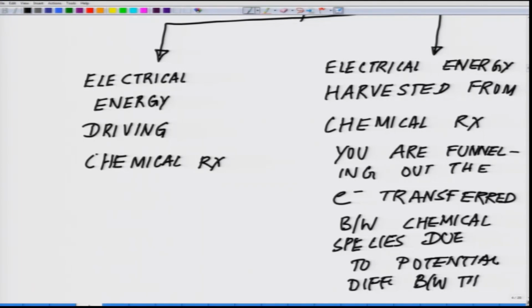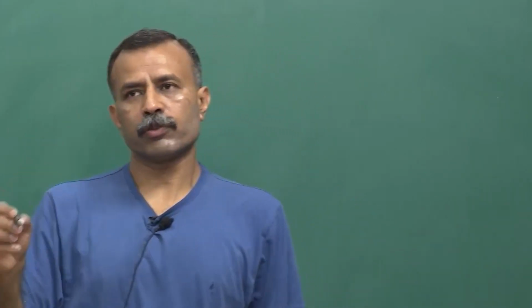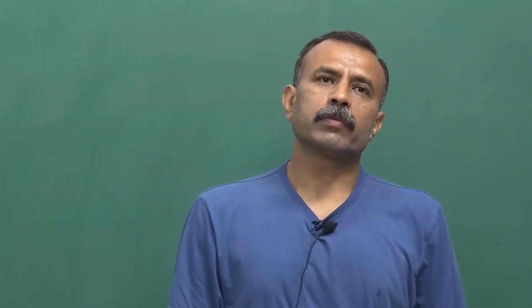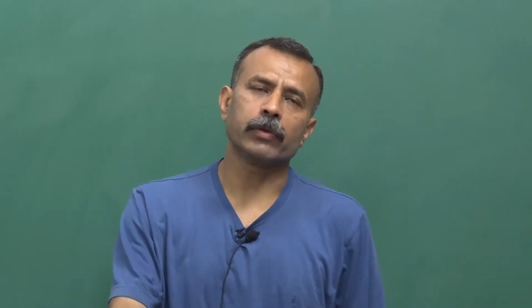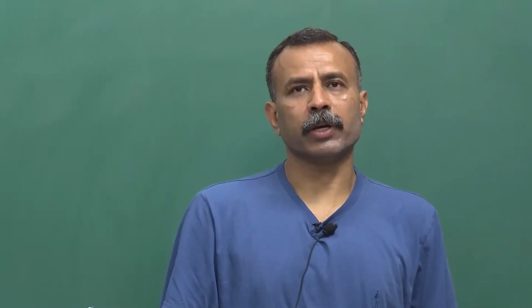between them. If you remember, in the last class we talked about why an electron should flow from a species A to species B, or point A to point B. The flow takes place because of the potential difference, or in other words, the energy function of that particular material.